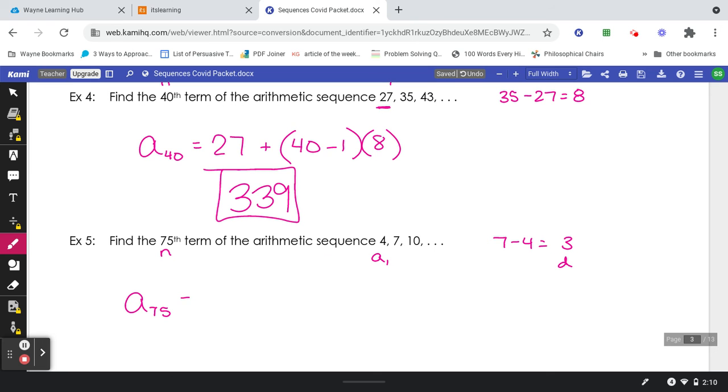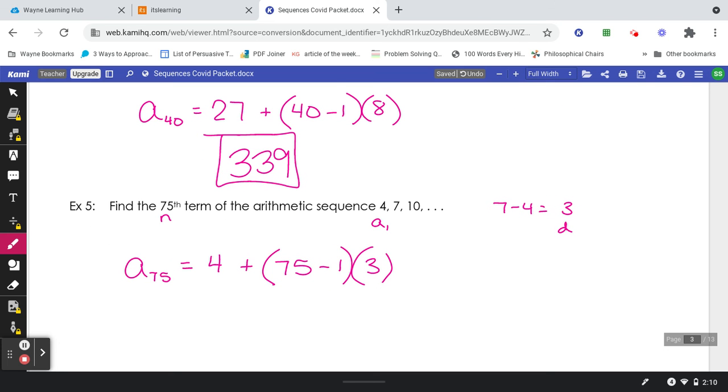So the 75th term equals the first term plus the term number minus 1, it's always minus 1, times a common difference of 3. Type that into the calculator. And we get an answer of 226.